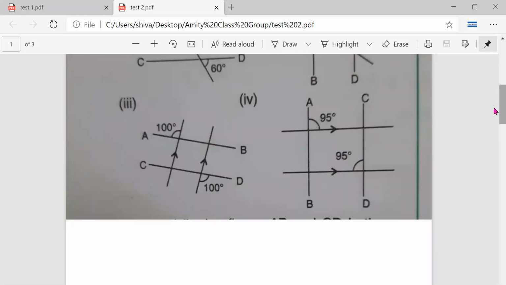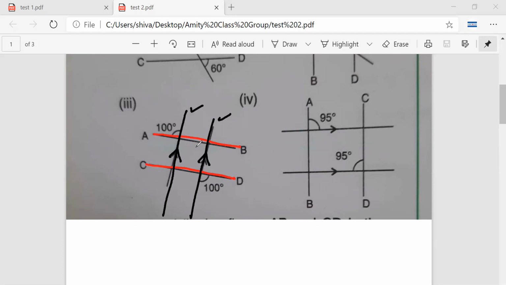So for example, in question number 3, they haven't given you that this line AB and CD are parallel. You need to prove that. But what they have told you is that this line is parallel to this. Do you see this sign? Mr. Satya, have you understood? Yes, sir. So they have told us that this is parallel to this.